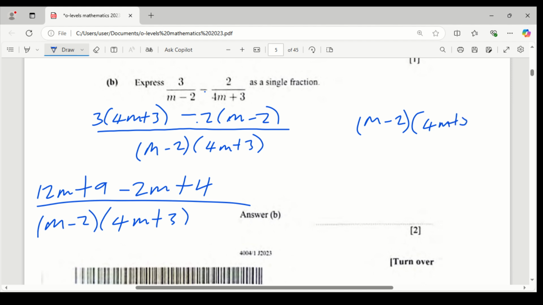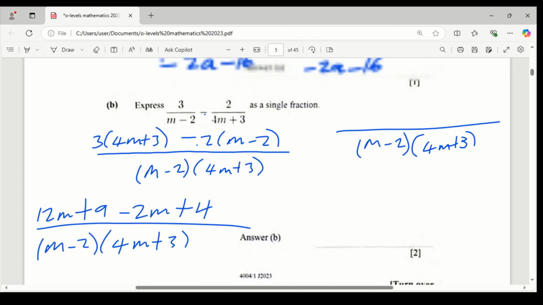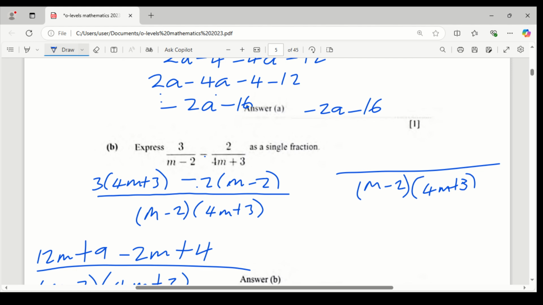Okay, so we have to collect like terms. If we collect the like terms, we are going to say 12m minus 2m plus 9 plus 4. We just collected the like terms.